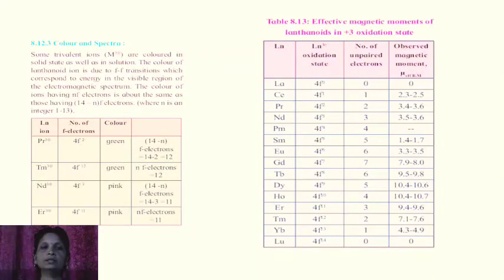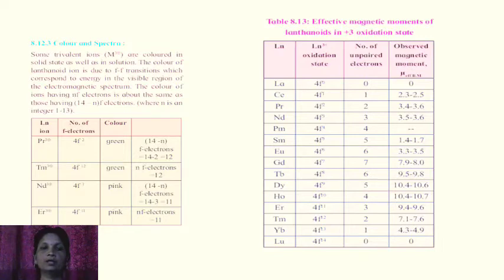Now let us discuss the color and the spectra of the lanthanide elements. Some trivalent ions, that is M+3 ions, are colored in the solid state as well as in solution. The color of the lanthanide ion is due to f-f transition, which corresponds to energy in the visible region of the electromagnetic spectrum.